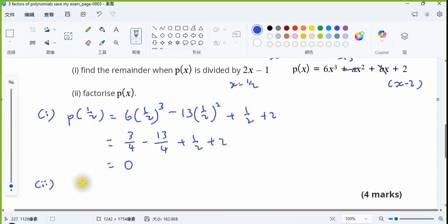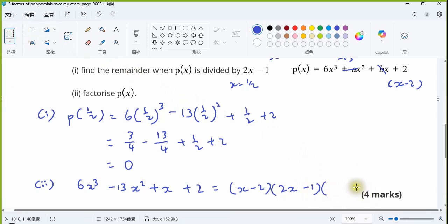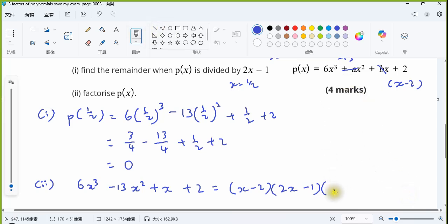Therefore, we know that 6x cubed minus 13x squared plus x plus 2 equal to x minus 2 times 2x minus 1 times px plus q. So I will let it be px plus q.